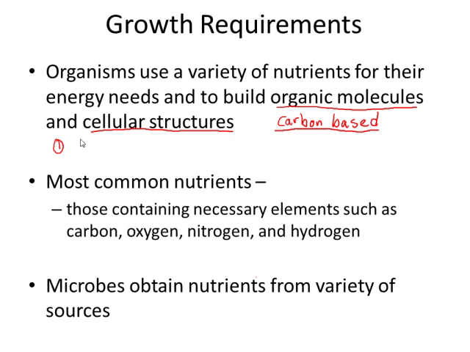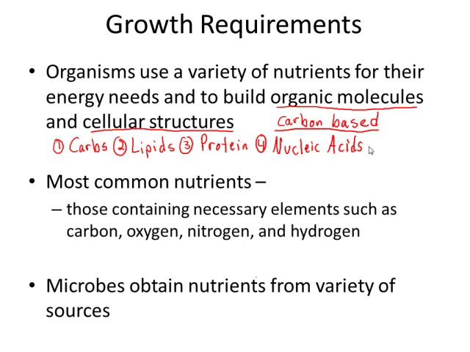The first class would be carbohydrates. The second class would be lipids. The third class would be proteins. And the fourth class would be nucleic acids. Examples of which include DNA and RNA.